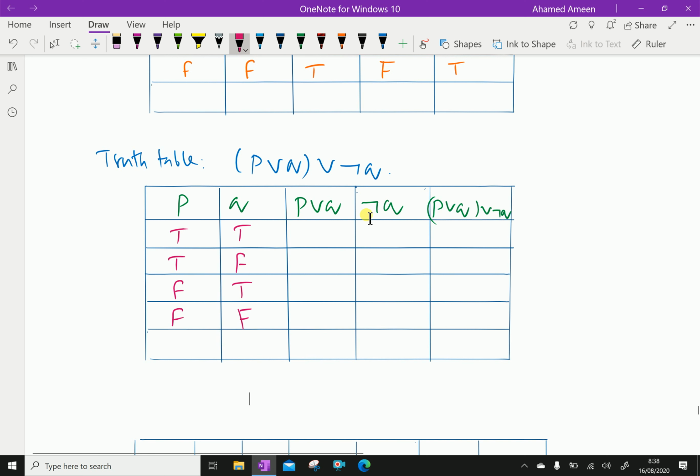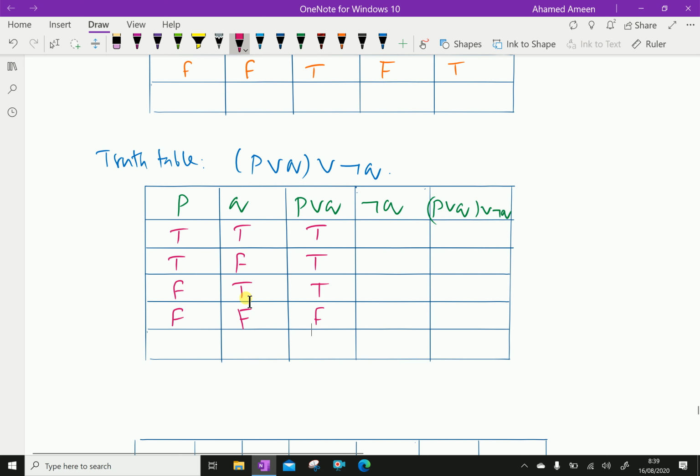First, the disjunction of P and Q. True disjunction true is true. True false is true. False true is also true. False and false, false.